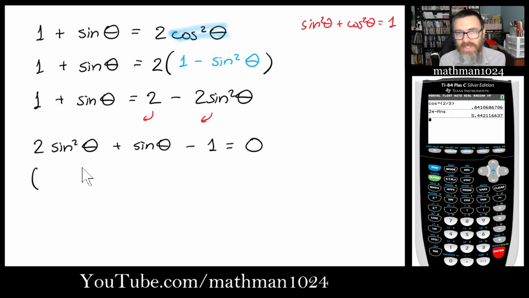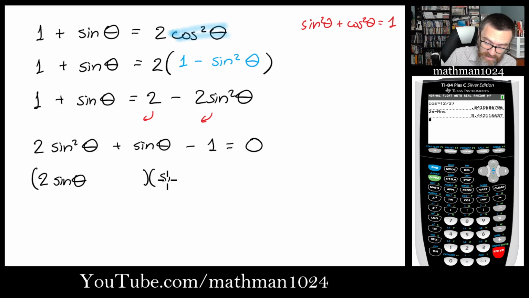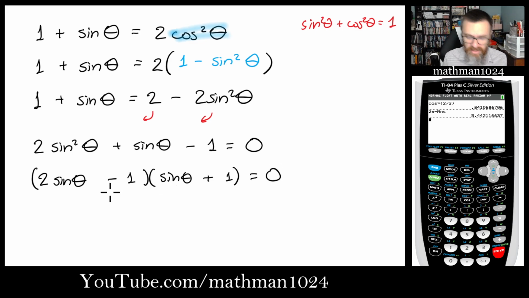I'm going to see the sine squared like it's x squared. I'm going to factor this using 2 sine of theta and sine of theta. Again, you don't necessarily have to do it that way, but it just depends on your comfort level, right? We've got to factor the 1, so it's going to be a plus 1 here and a minus 1 here. And you can see how you will get a minus sine of theta and a plus 2 sine of theta, so altogether is a plus 1 sine theta.